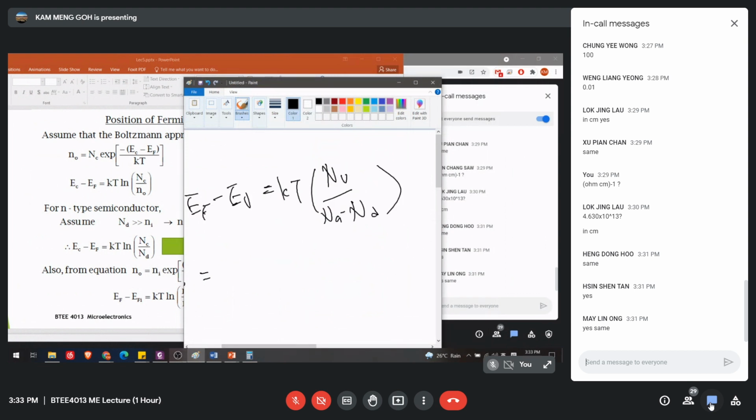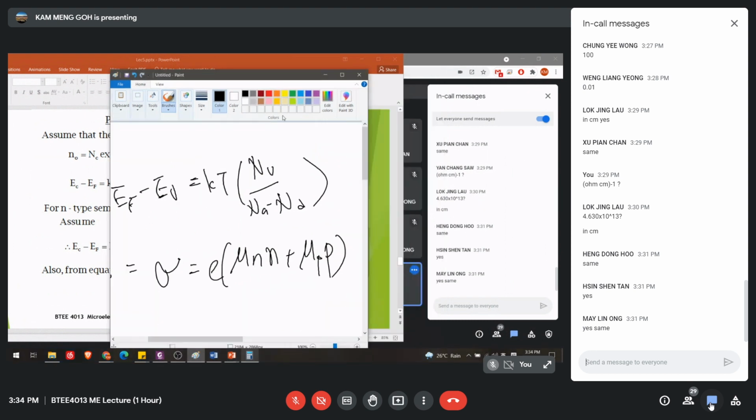Okay, so let's get back to the question. Just now the conductivity is given here, e times mu n times n plus mu p times p. And then we assume that the n is already here. Something is missing, I think. Any of you able to solve this?